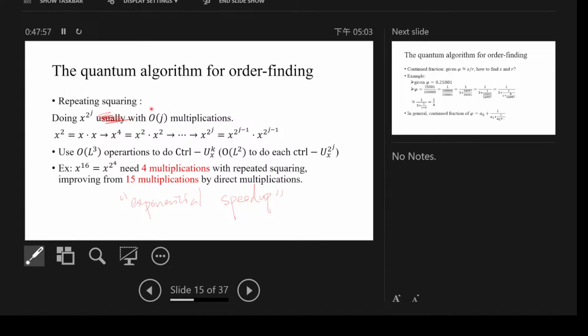In our quantum algorithm we do things in superposition, and so we only need to do basic multiplication with this power of 2, so we can do multiplication by repeated squaring, and this multiplication is much faster than doing brute force multiplication. Okay, so that's the cool part.